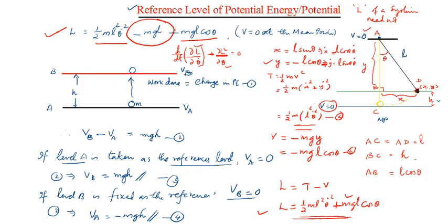Depending on the choice of the coordinate system, depending on the choice of the reference level, the same system can be represented by different Lagrangians. But once you substitute this Lagrangian in the Lagrange's equation of motion and solve for it, you will be getting the same physical results. And that is a wonder. So this is the idea that you have to keep.